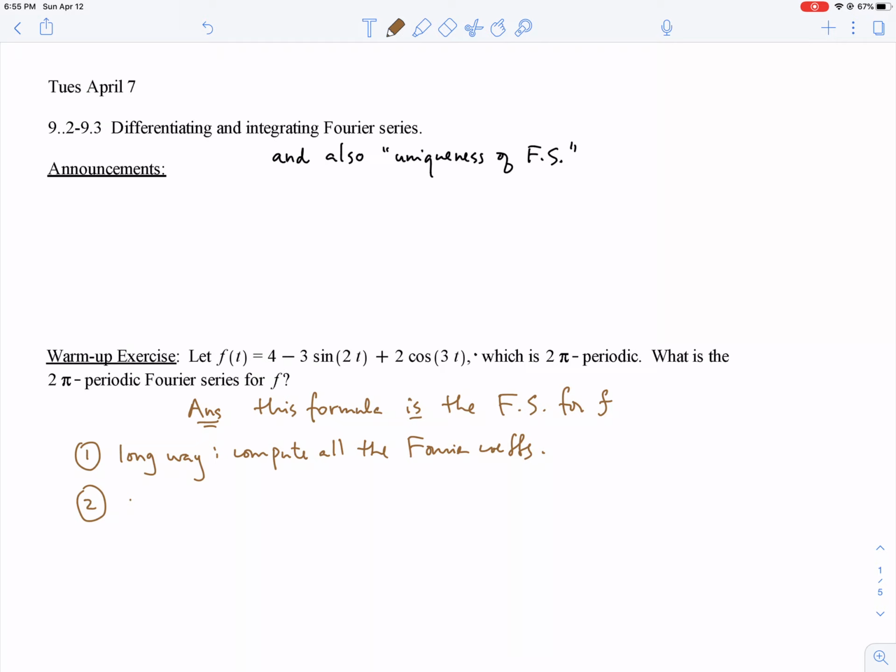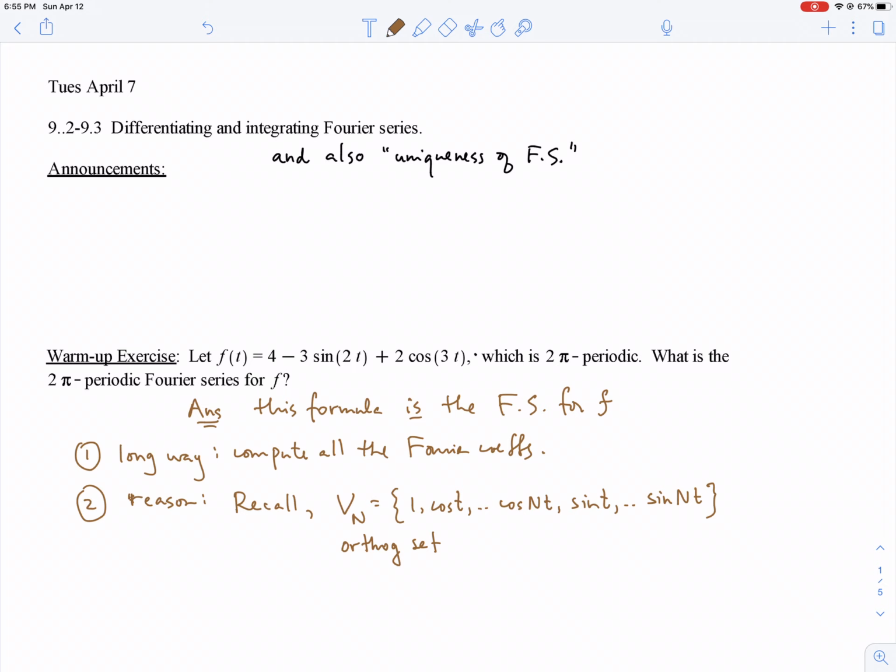One reason why you don't have to go through that trouble is, remember that the set of functions that I called capital Vn, spanned by 1, cos t up to cos capital Nt, and sine t, sine 2t up to sine capital Nt, was an orthogonal set.